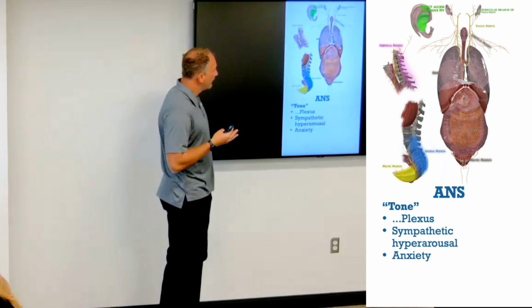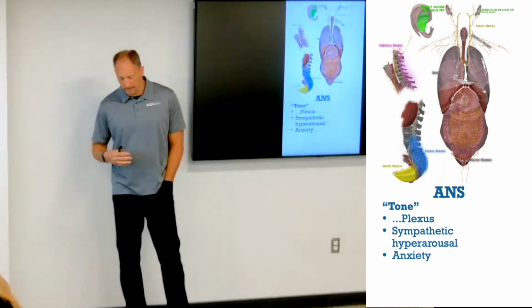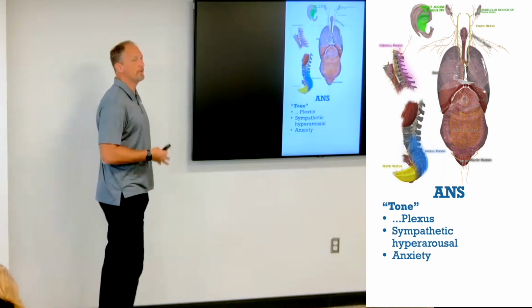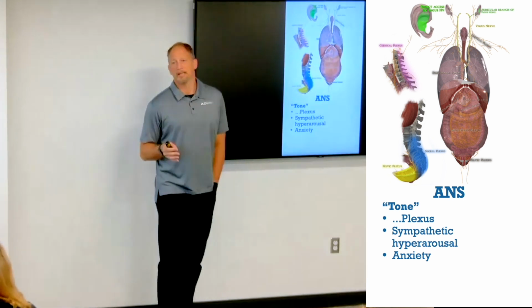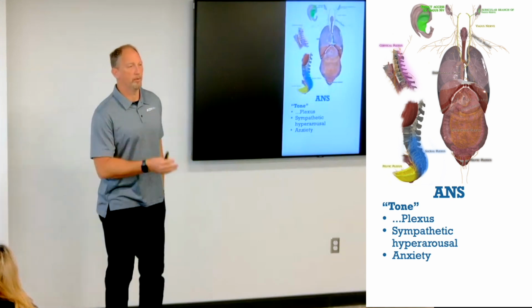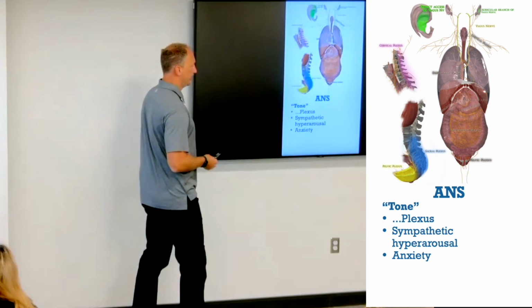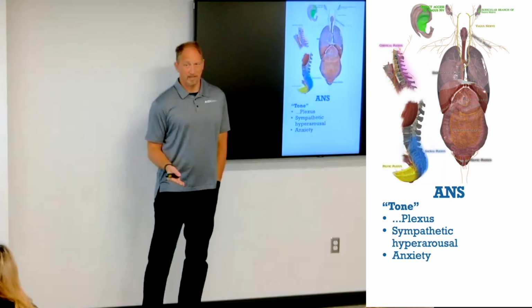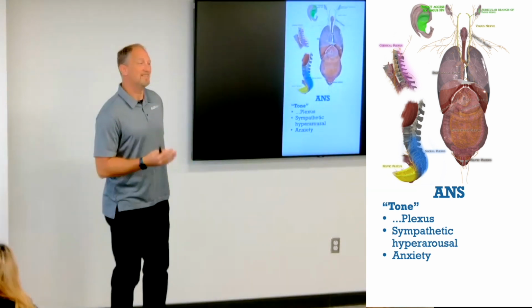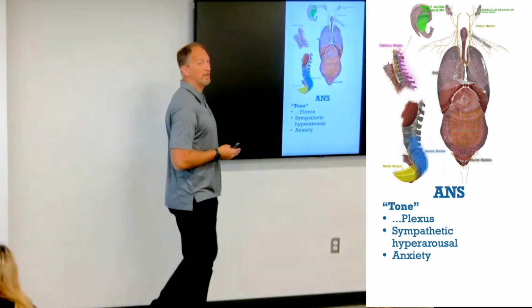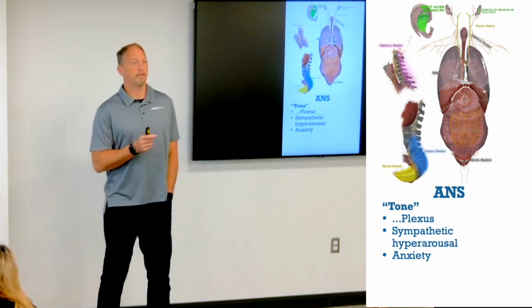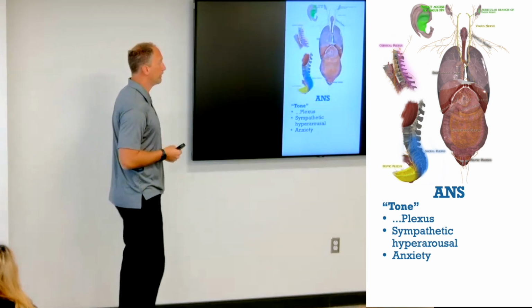The tone of the deep front line and what's going on in the deep front line is a direct reflection of the tone and what's going on within the autonomic nervous system. But at the same time, what's going on in the deep front line sets the tone for what's going on in the autonomic nervous system. So there's a very symbiotic relationship between the deep front line and the autonomic nervous system.